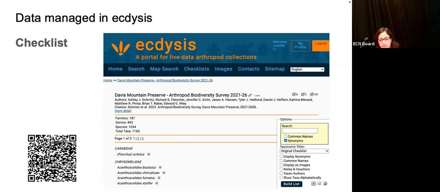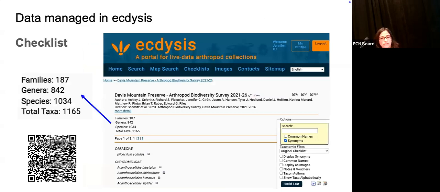One of them is a checklist where we have recorded about 1,034 species in 842 genera, corresponding to 187 species. And this is just still preliminary. People are still going in the field, identifying material, and getting new taxa recorded into the checklist.